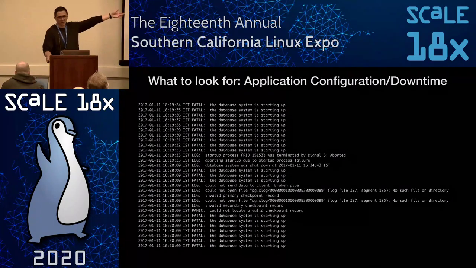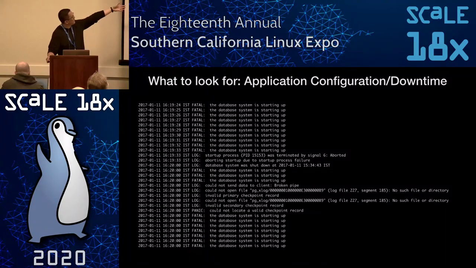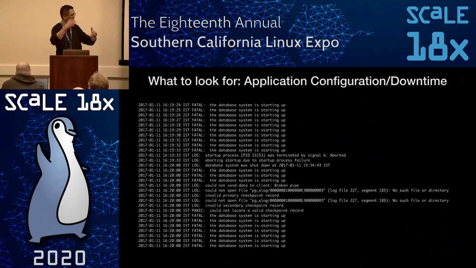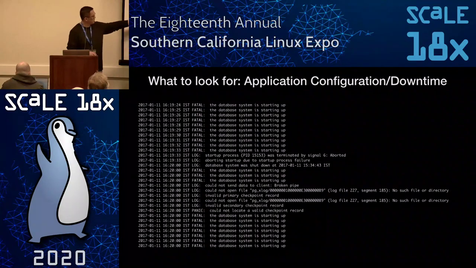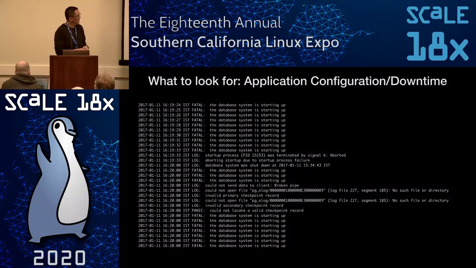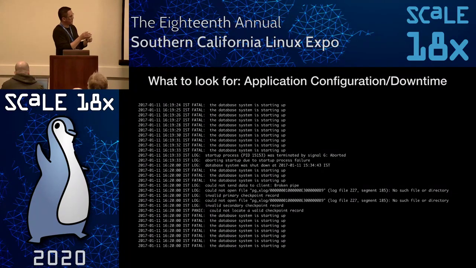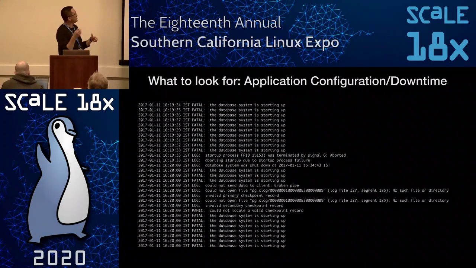This guy had his applications continuing to run even though the database was down. This was because there was some kind of issue with the database itself. As the database is trying to recover itself by replaying WAL files from the latest checkpoint, the application kept trying to connect.